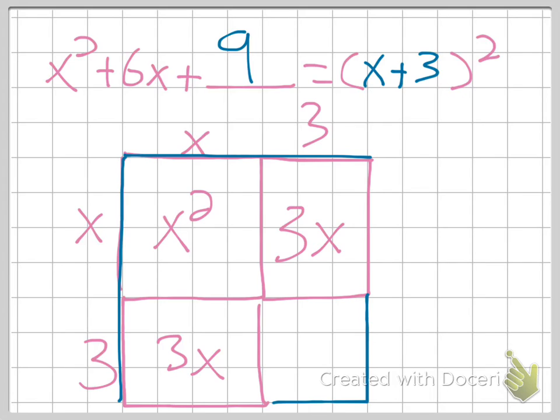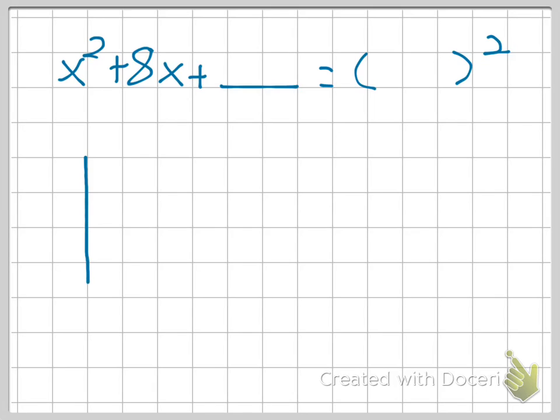Interesting. Let's continue this for a while and see if we can observe a pattern. Now let's have x squared plus 8x plus blank equals. So this is my x. Okay, so this is x and x. Now we want to break down the 8x into 4 and 4, 4x and 4x.